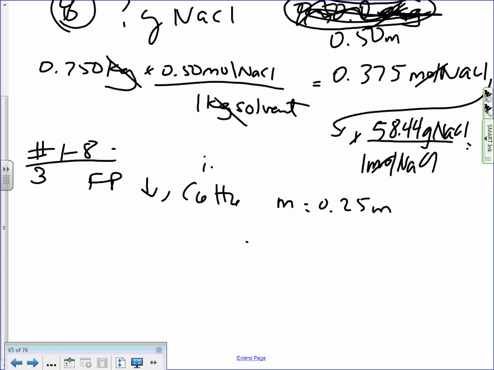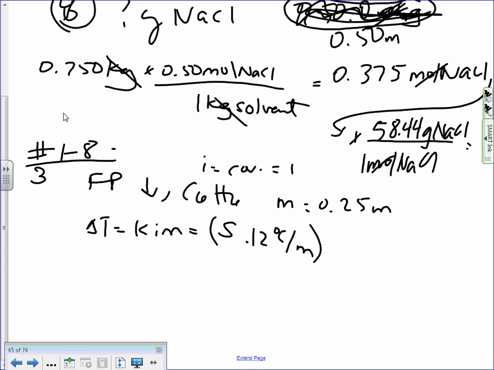So the I factor is assumed to be covalent, so I of 1, so then delta T is equal to KIM, where K for benzene is 5.12, and then times 1 times 0.25. Yeah, that was an assumption. It doesn't tell you the nature of the solute, assume it's covalent, because otherwise you wouldn't know the number of ions anyhow.